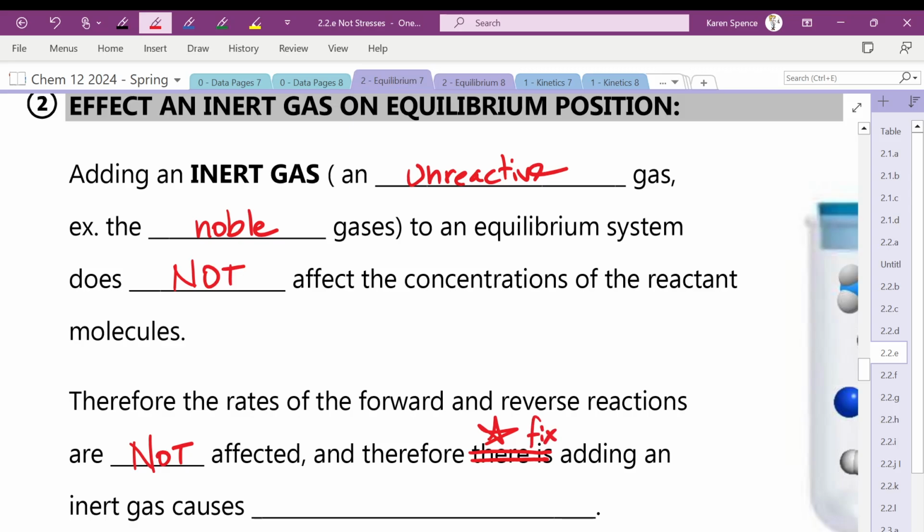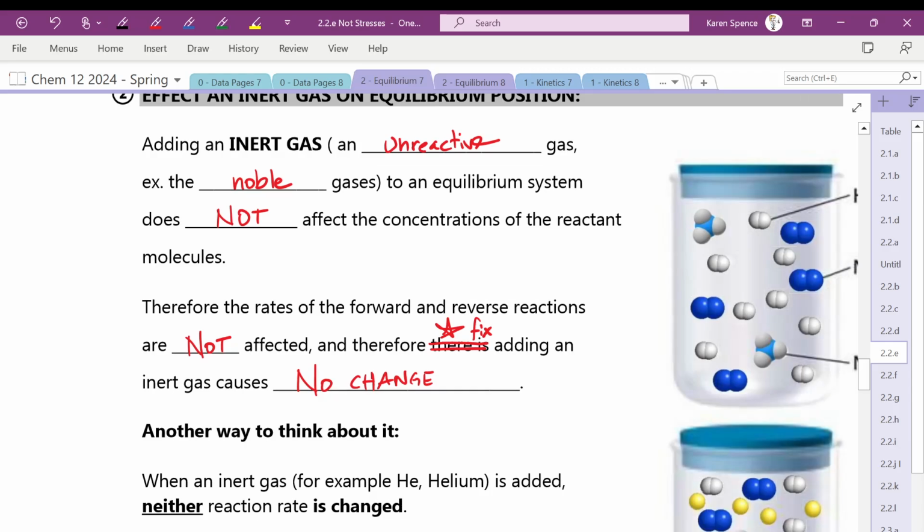Therefore, adding an inert gas causes no change. So, you should be so lucky as to be asked to draw a rate diagram for that, because what would everything look like? What would a concentration diagram look like? Yes? Nothing.